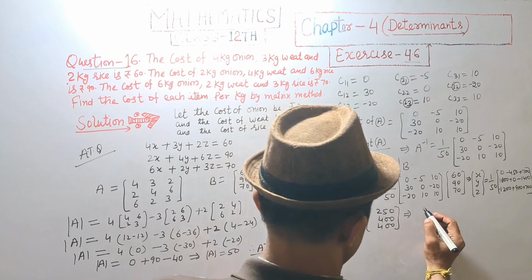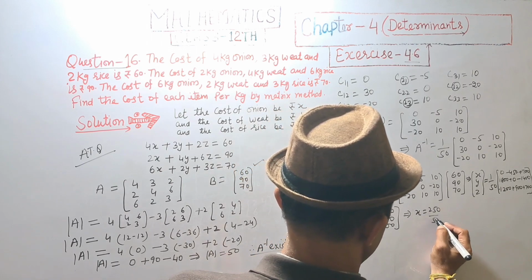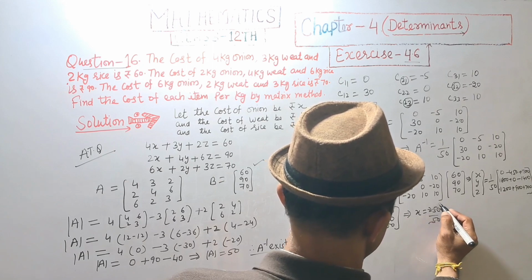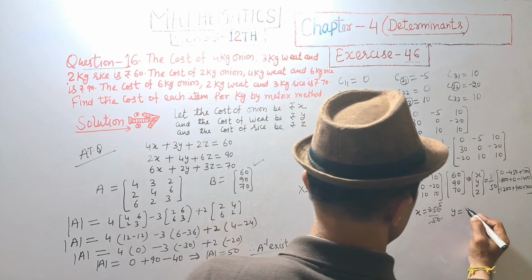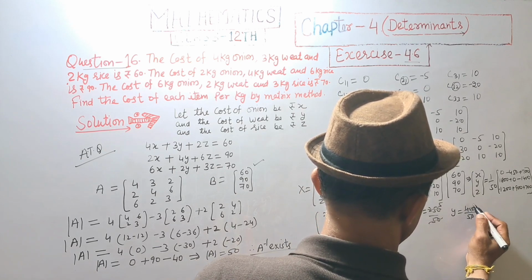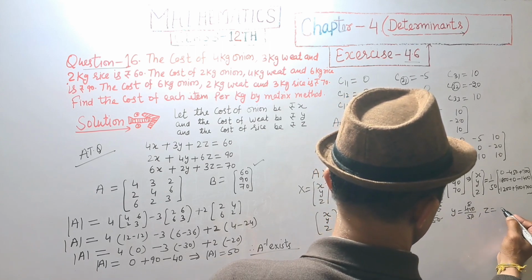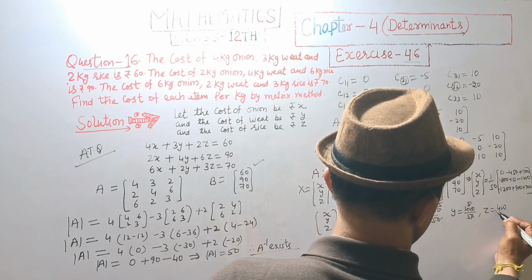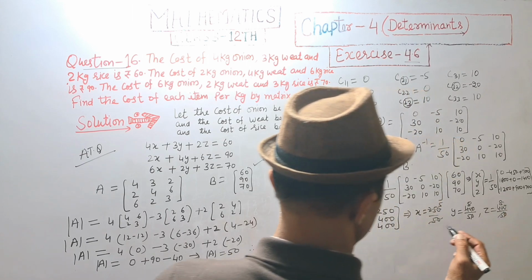This implies x is equal to 250 upon 50, that is equal to 5, and y is equal to 400 upon 50, that is equal to 8, and z is equal to 400 upon 50, that is equal to 8.